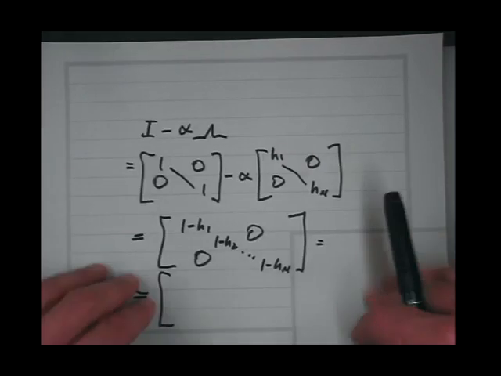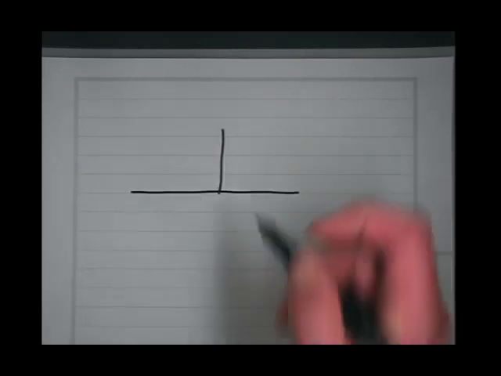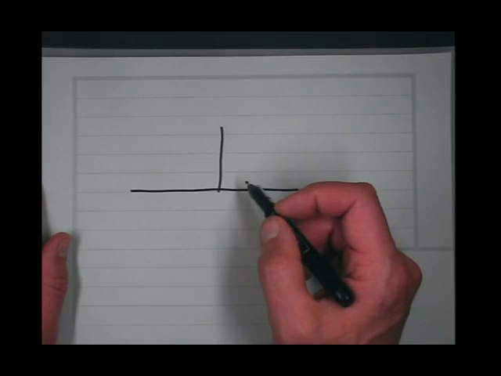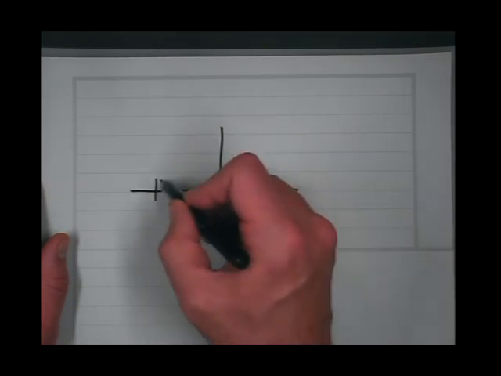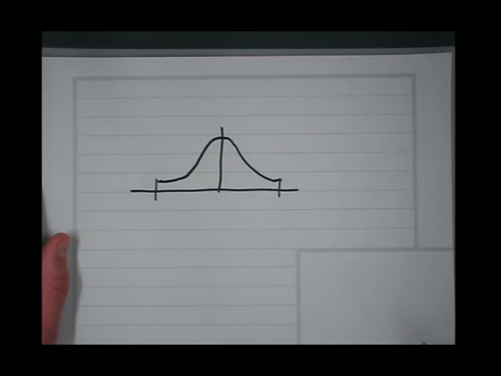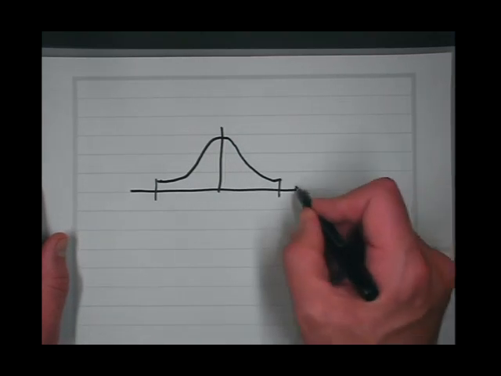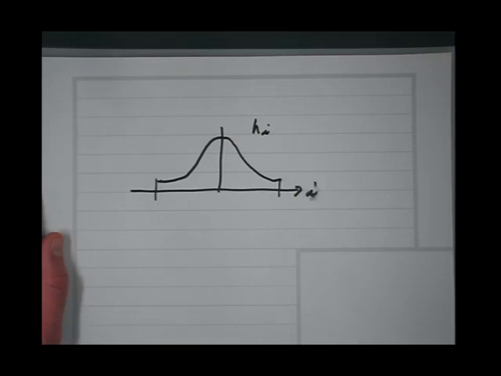So, let's say you have the following thing. Let's say you plot out the eigenvalues, and let's say the eigenvalues look like this. Okay, so this is i, and this is h_i. You're saying, well, why would it be smooth?